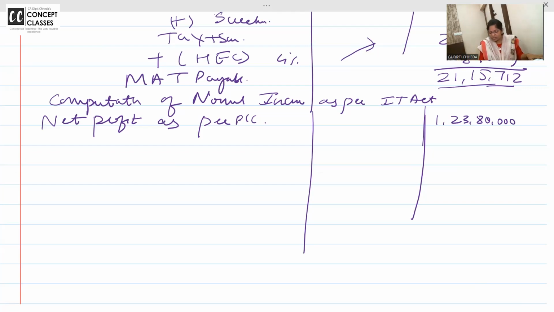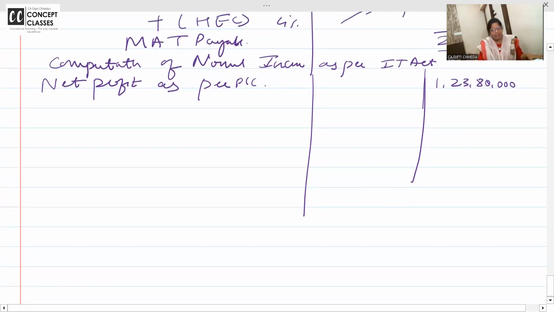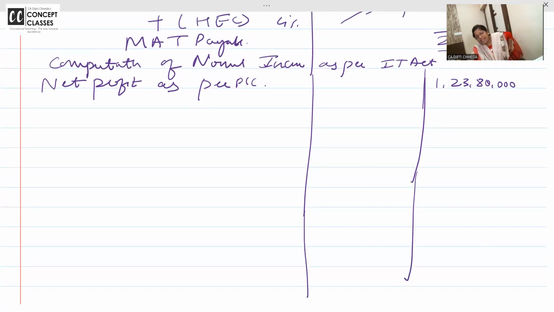So watch the revision videos because scientific research, 43B, many things are going to be covered from them. Final के exam में TDS, deductions, ये सब inter portion and final is going to touch up in this, in non-resident, in many topics. ठीक है? Right. Net profit से start करो please.